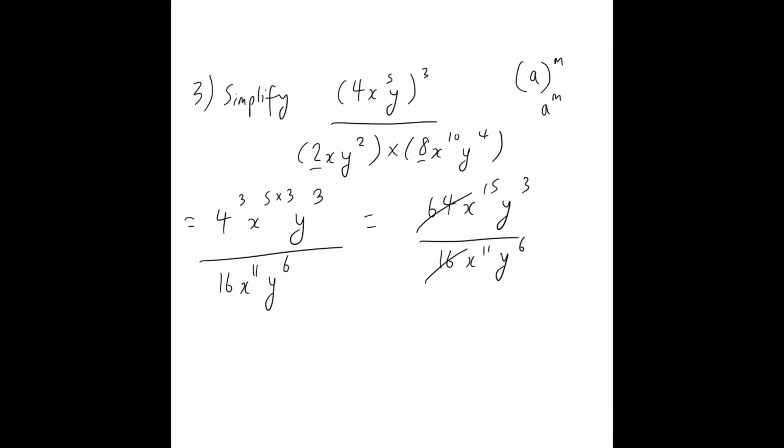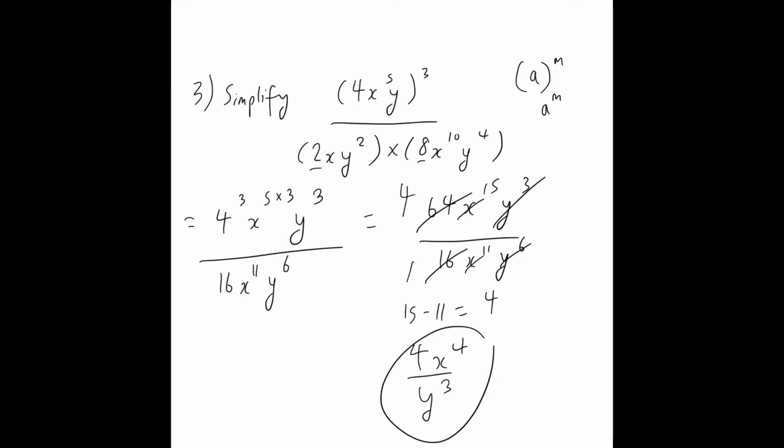You're going to cut this out by simplifying 64 divided by 16. That becomes a 4. X and 15, that is 15 minus 11. That is 4 as well. So you have 4x^4. And for the y part, this cancels out each other, leaving y with a denominator of 3.